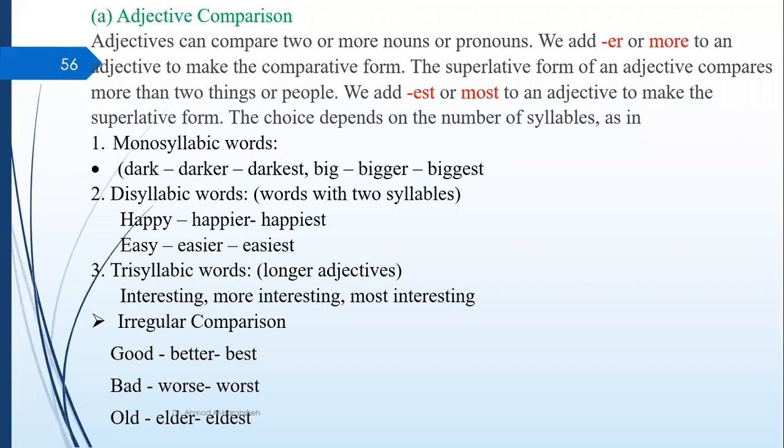You know, in English we have irregular adjectives. These adjectives do not take ER or EST if you'd like to make comparative or superlative adjectives. So we call them irregular adjectives, such as good, better, best, bad, worse, worst, old, older, elder, oldest, eldest, and so on.